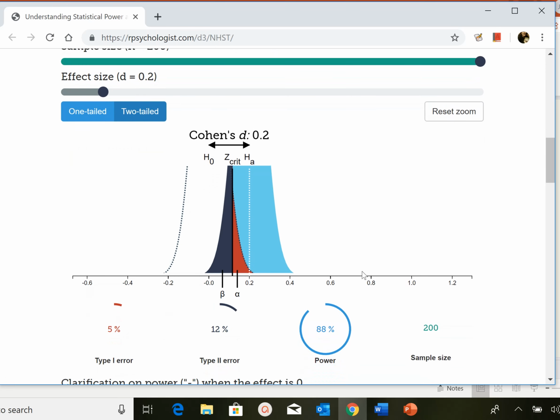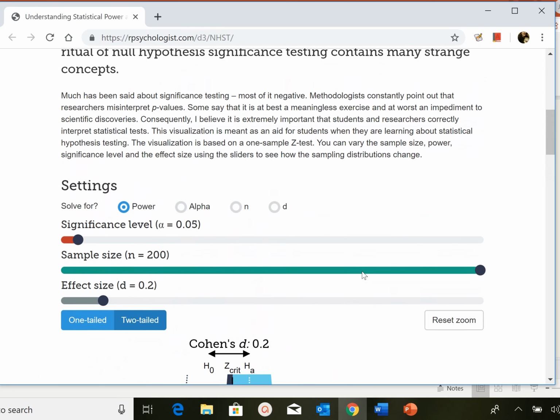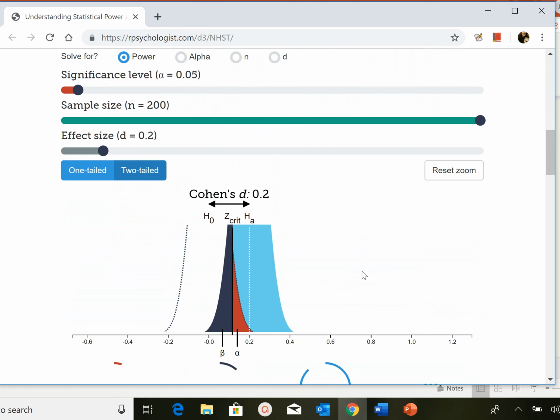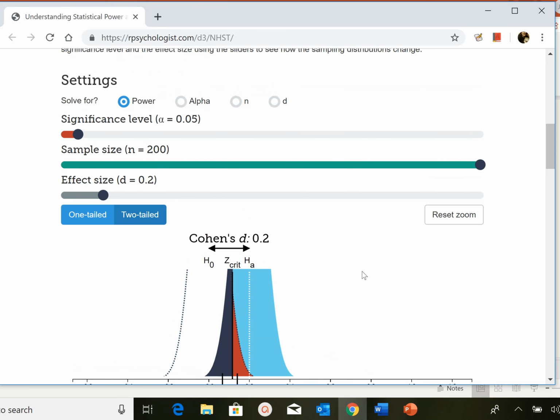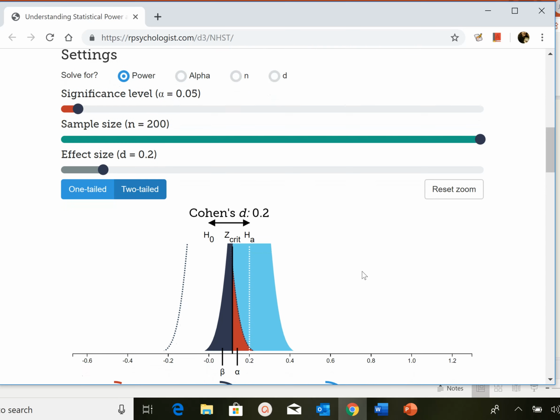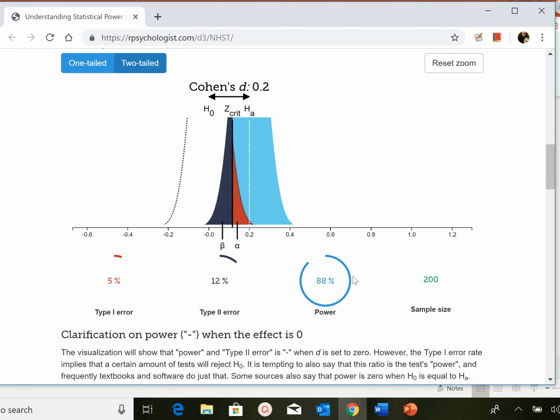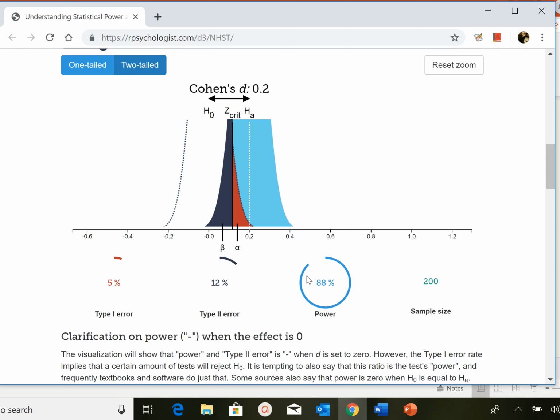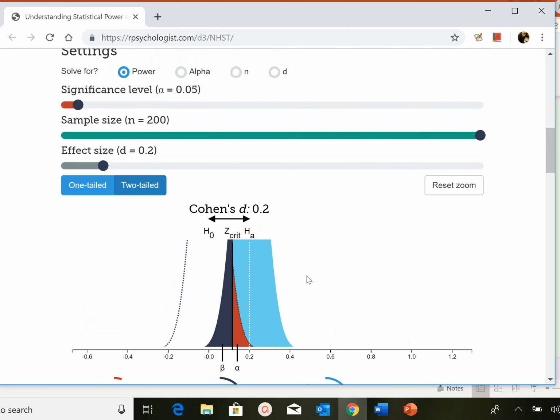So I encourage you to play around with this visual interactive tool to understand how alpha, sample size, effect size, and whether it's a one-tailed or a two-tailed test influences statistical power. And remember, power is the probability of rejecting a null or detecting an effect, assuming that an effect is there in the population.